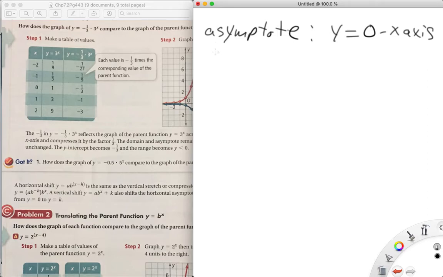If we have a plus k, the asymptote moves to y equals positive k. That's our new asymptote. And if it's minus k, it's going to be y equals negative k. So the asymptote shifts up, or the asymptote shifts down.